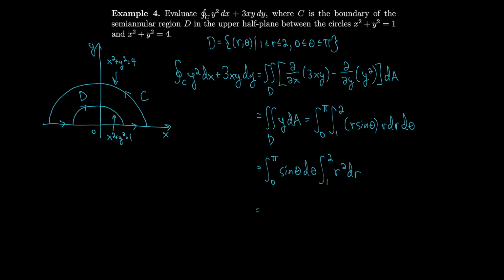And that'll be minus cosine theta from 0 to pi, times 1/3 r cubed from 1 to 2, and that's just 14/3.